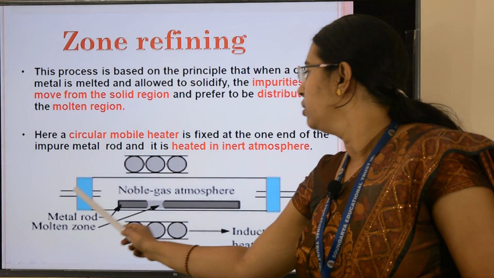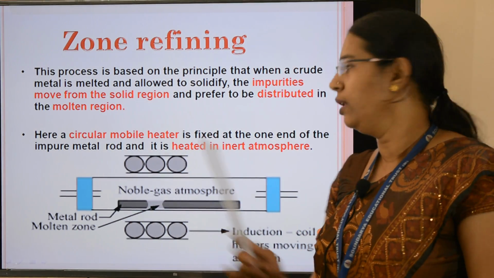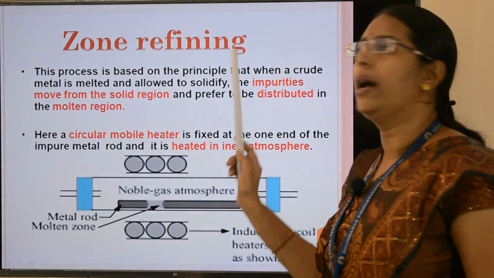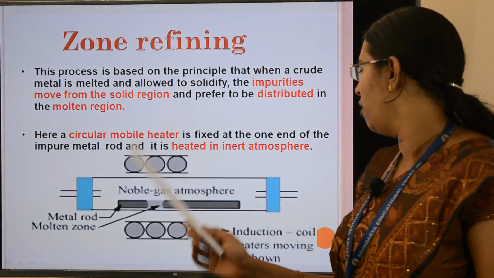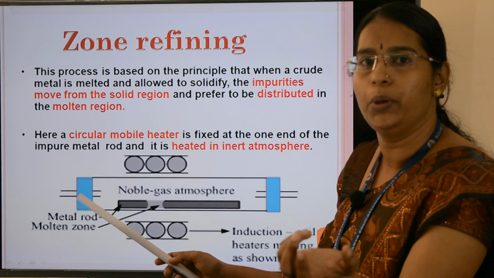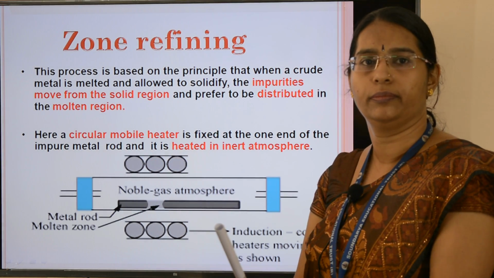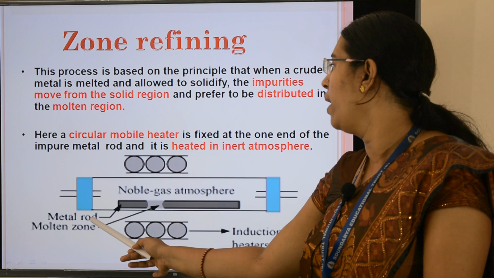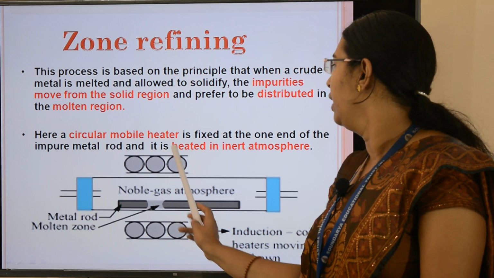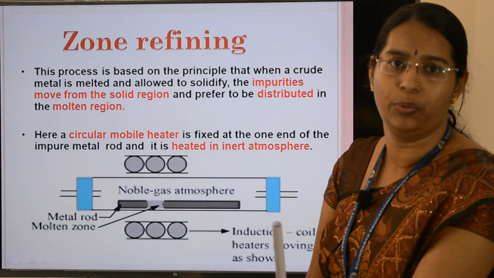Here initially an impure metal rod is taken and then it is covered by a circular mobile heater, maybe in the form of some induction coil. The induction coil heater surrounds the impure metal rod and is fixed to one end of it, and then it is heated in an inert atmosphere in order to prevent the oxidation process.